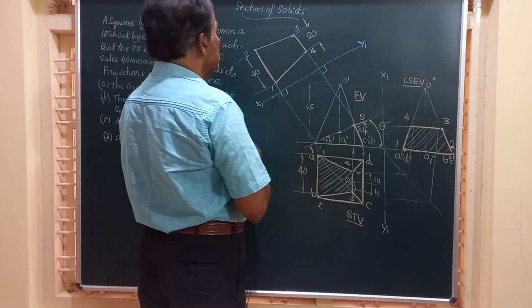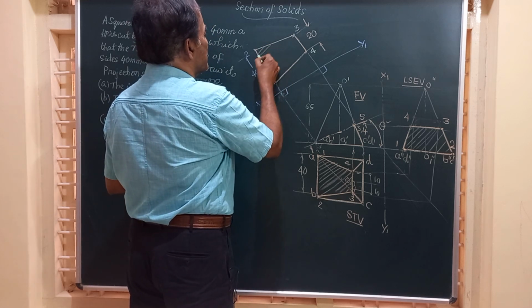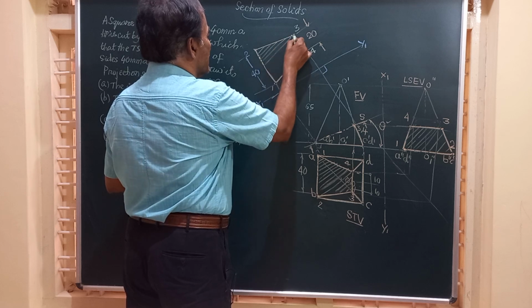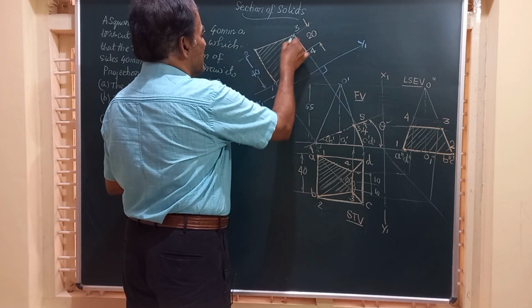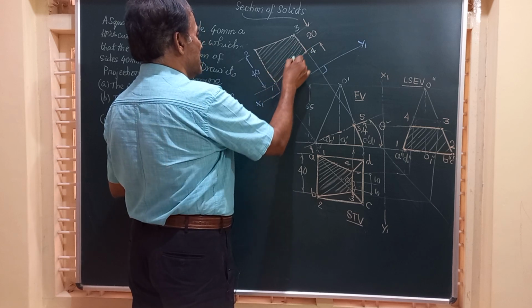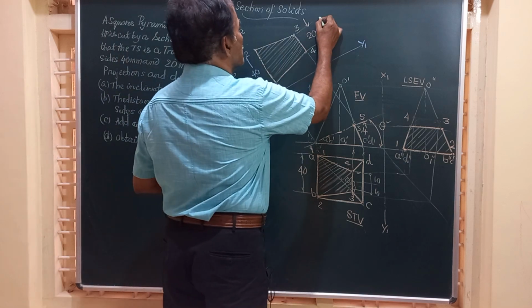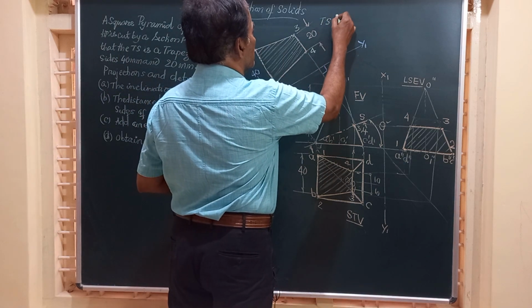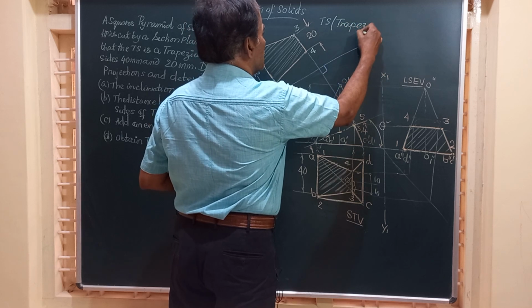Friends, after getting this true shape, let us hatch or section this by drawing lines at an angle of 45 degrees to the horizontal like this. Equally spaced lines will give you the true shape, and this true shape is a trapezium.